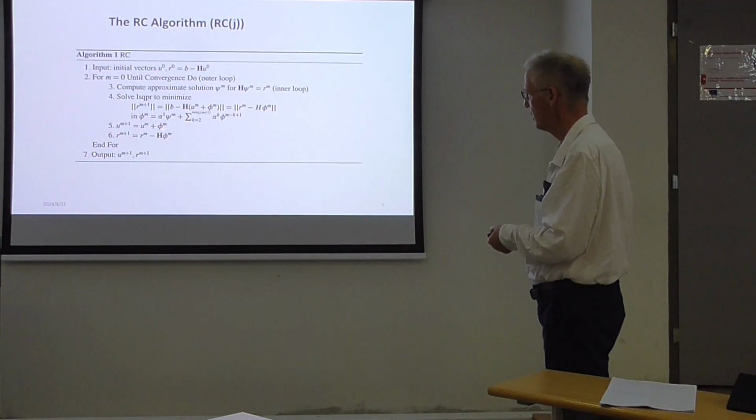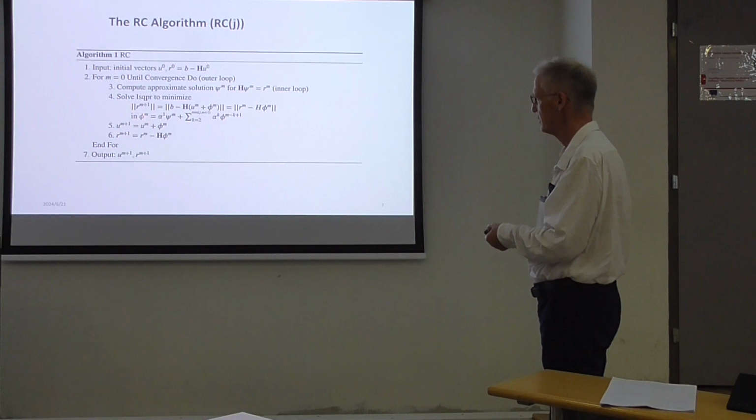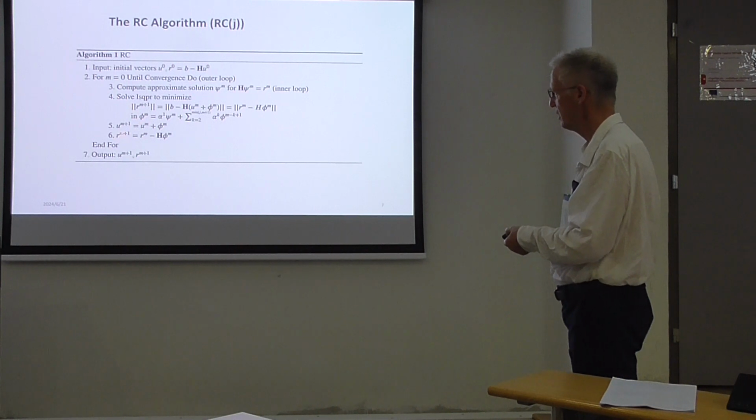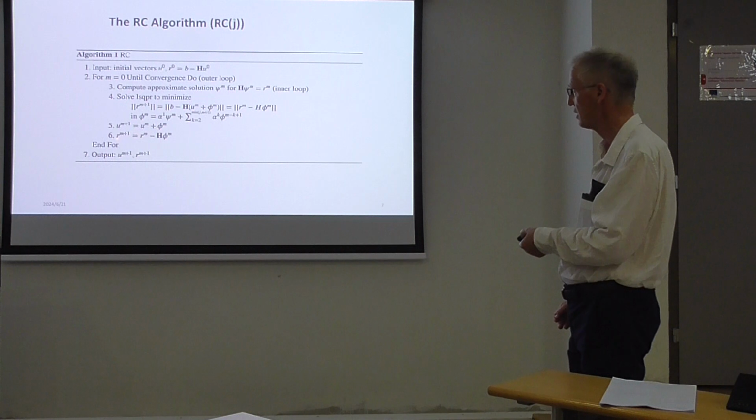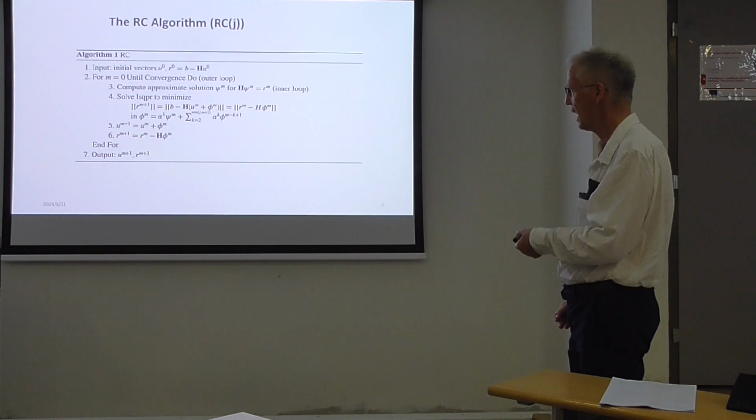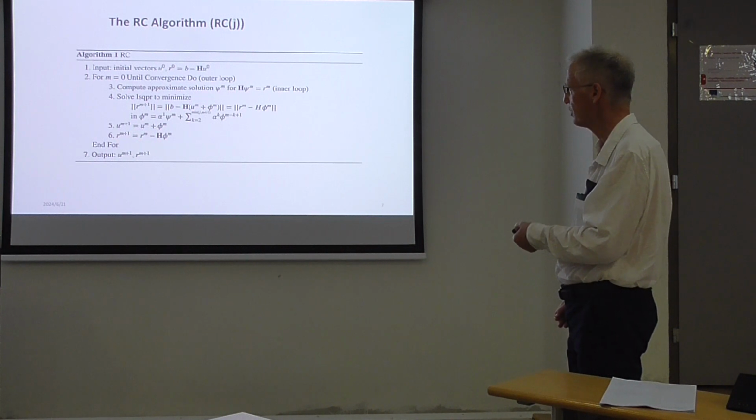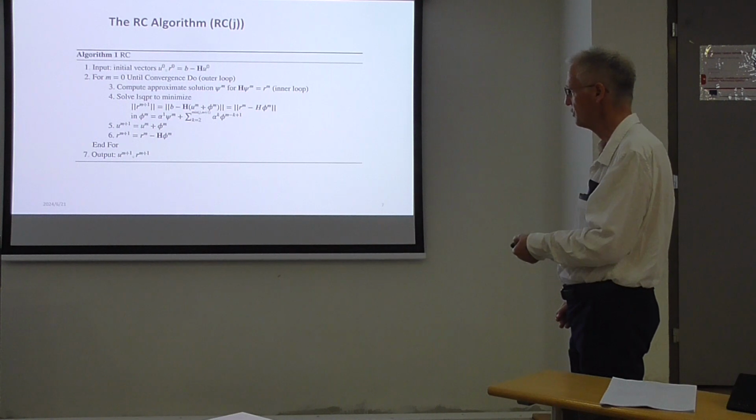So then we improve the approximate solution by adding this optimized approximation and compute the new residual. At the end, when we're satisfied with the convergence check, we output the approximate solution and the residual.